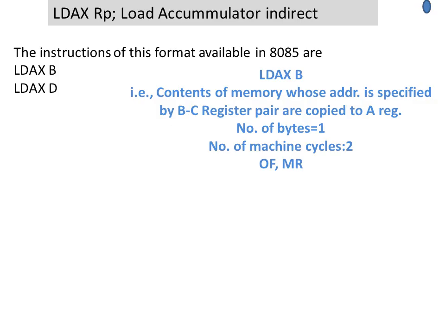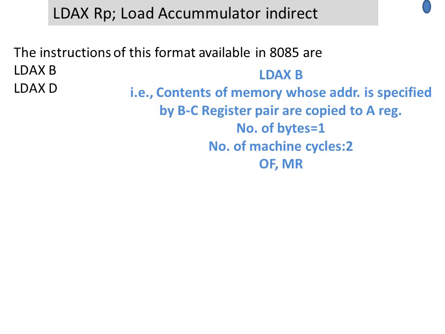So what does LDAX B mean? The contents of memory whose address is specified by the BC register pair are copied to the A register. So it is particularly for the BC register pair. Naturally, the BC register pair holds the address from where the contents will be copied to the A register.